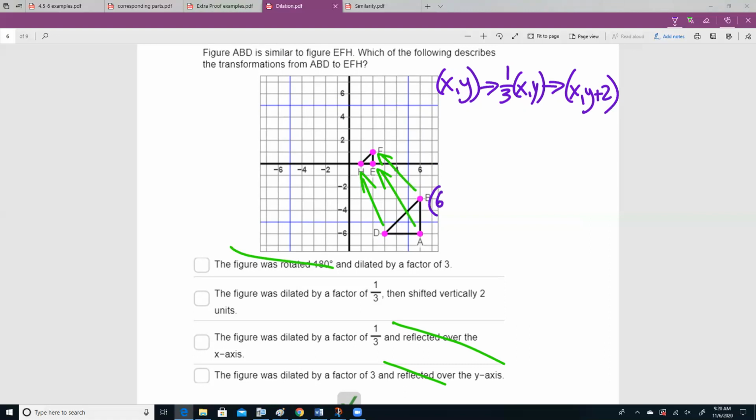That's at 6, -3. If we multiply that by 1/3, we'll get 2, -1. And if we add 2 to that, we'll get 2, 1. Well, what's at 2, 1? F. So indeed, this is our rule. This is our answer.